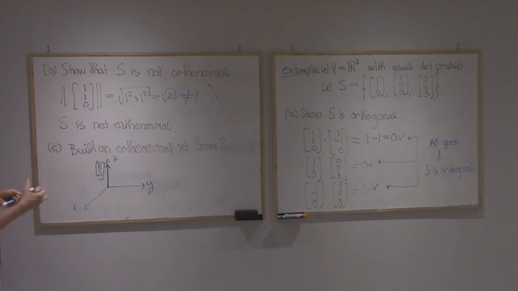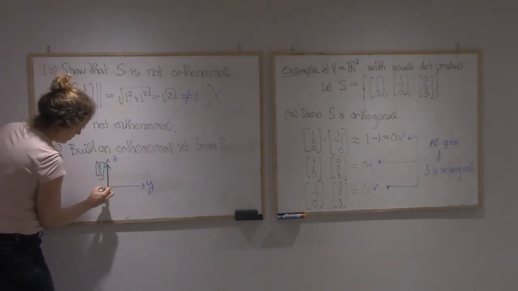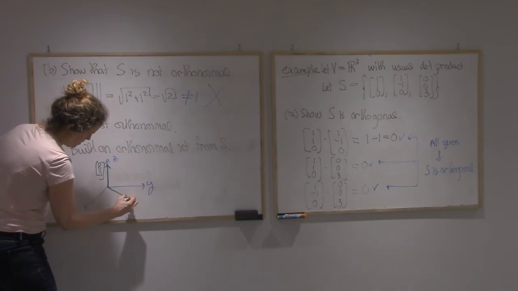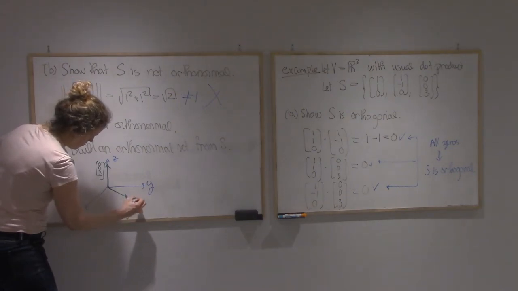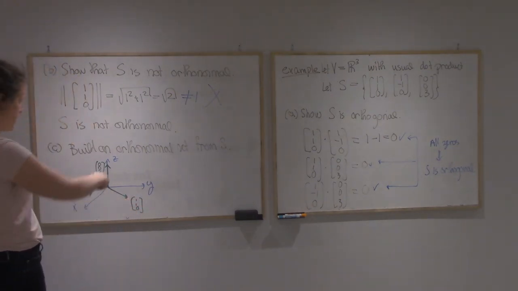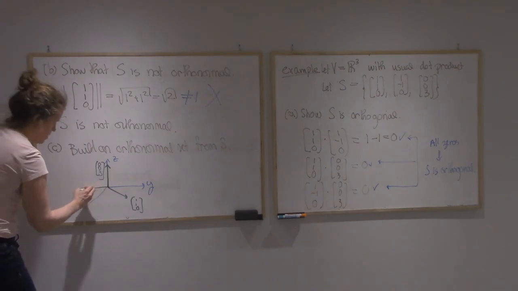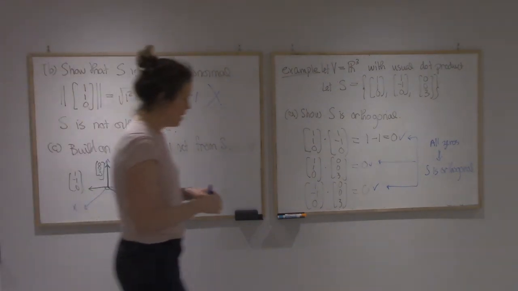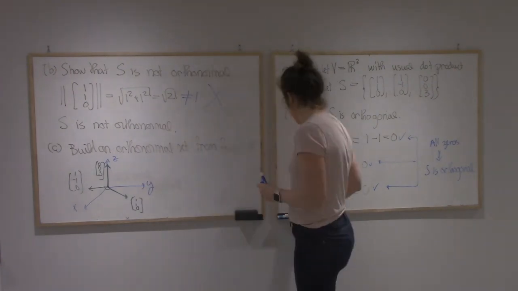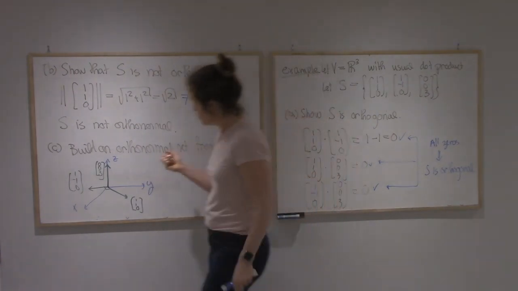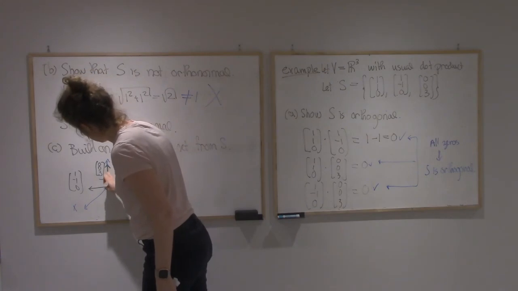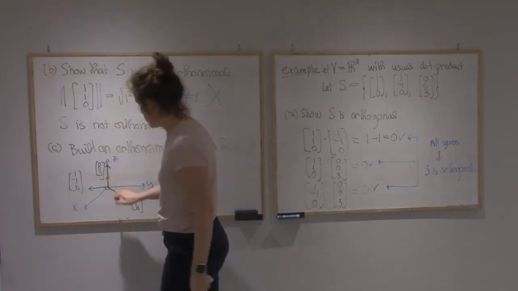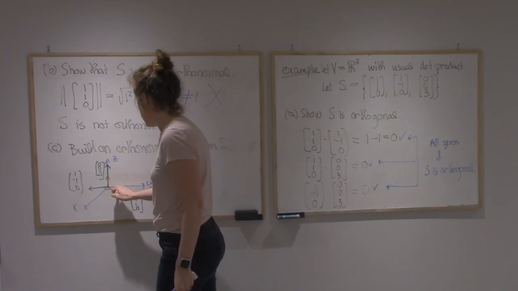Then I have (1, 1), which would be here. And we have (1, -1), which would be somewhere here, and you have a right angle here. So they are orthogonal. Now I want to stretch them, or shrink them in this case. So I want to take a vector in the same direction, but of length 1.